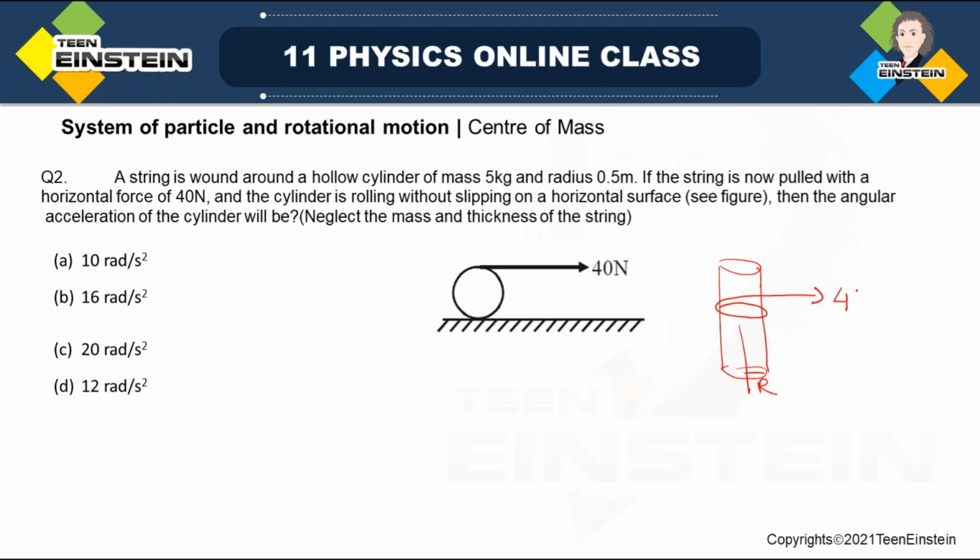There is a force of 40 Newton with which this cylinder is pulled. The string is pulled with a horizontal force of 40 Newton, and the cylinder is rolling without slipping on a horizontal surface, as you see in the figure. What will be the angular acceleration of the cylinder? Neglect the mass and thickness of the string.